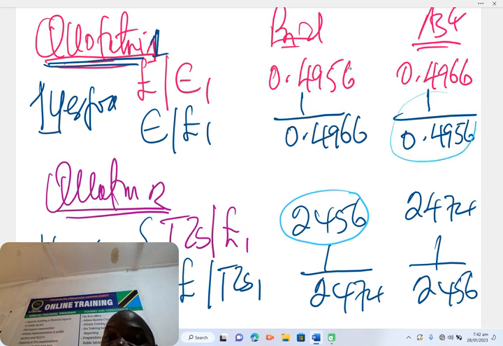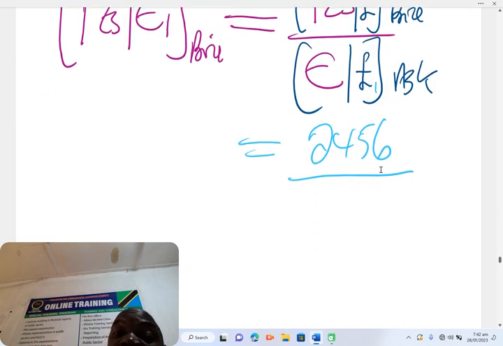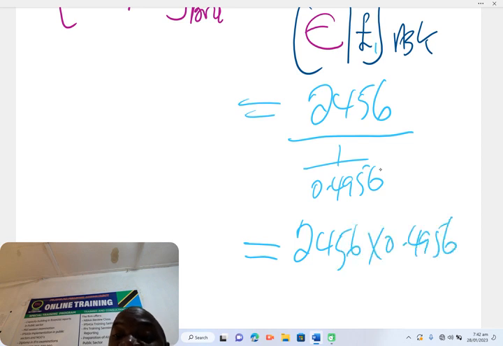This transaction, symmetrical, it is 1 over 0.4956. Therefore, you can compute this: 24.56 times 0.4956. How much is this?